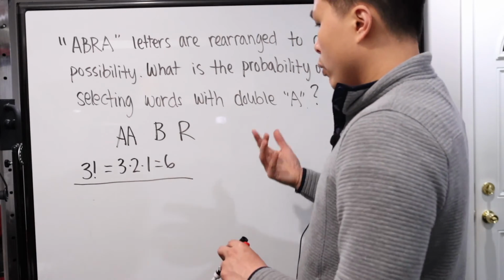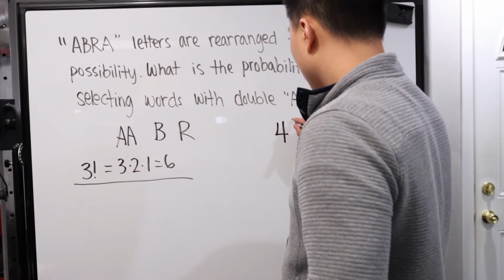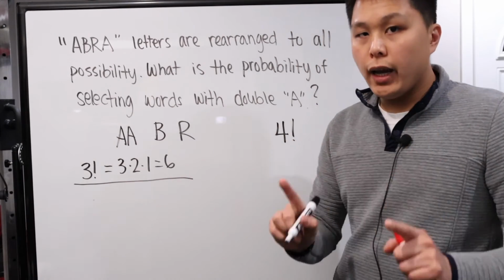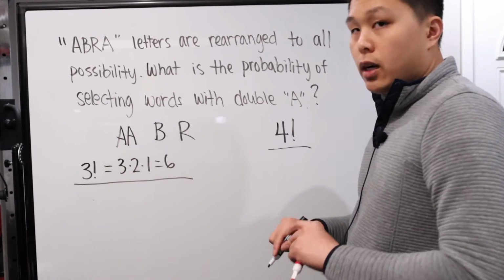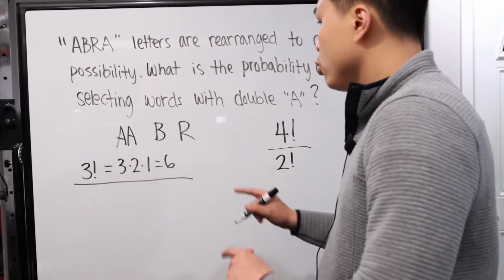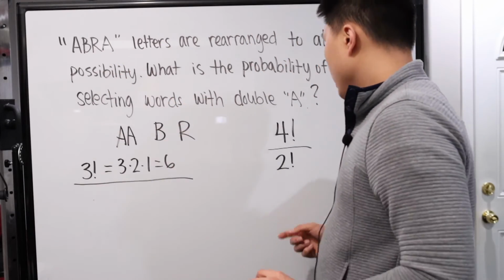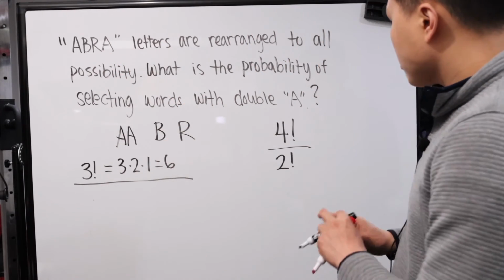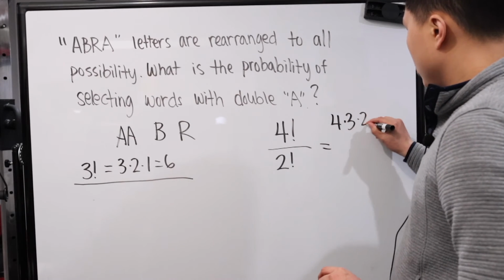So normally when we want to talk about rearranging all the letters, once again, 4 factorial. But since the rearrangement of the A's doesn't matter, we have to get rid of counting extra. In this case, the 2 factorial, the 2 ways to recombine the A's in different ways. We have to get rid of that. So in this case, this is technically 4 times 3 times 2 times 1.